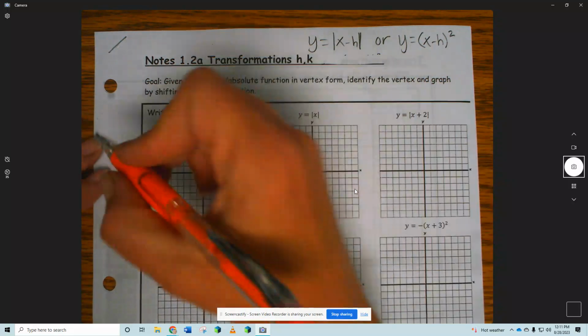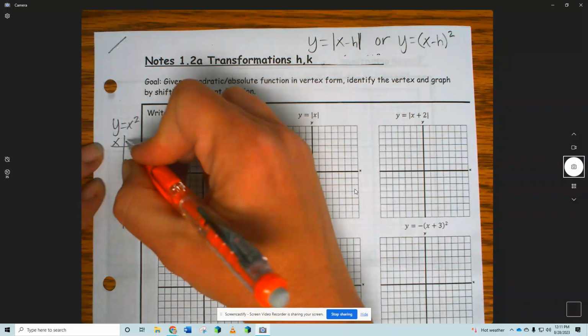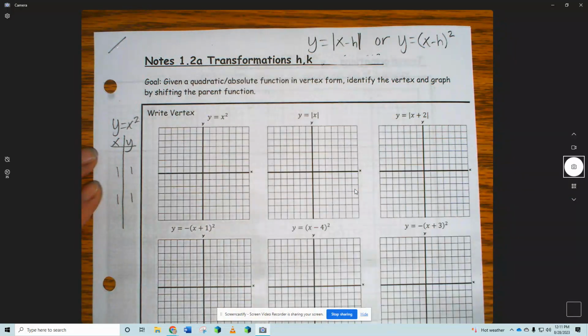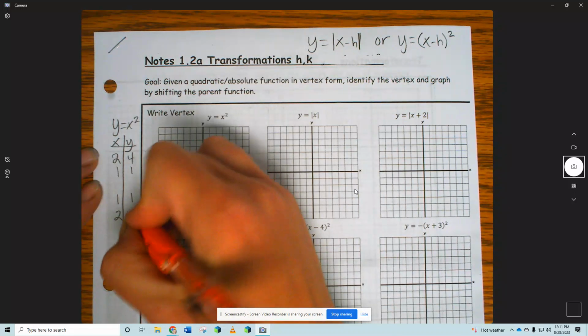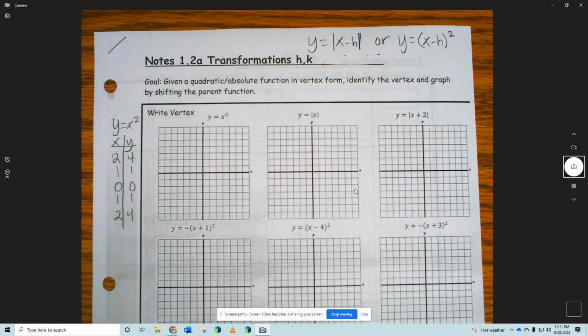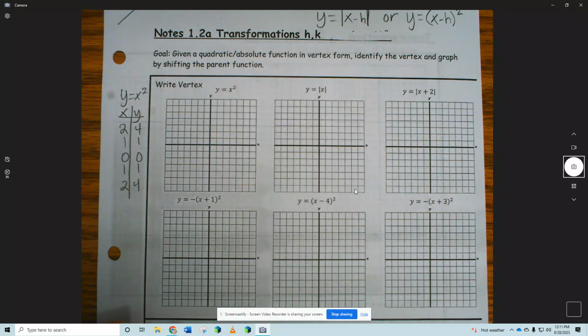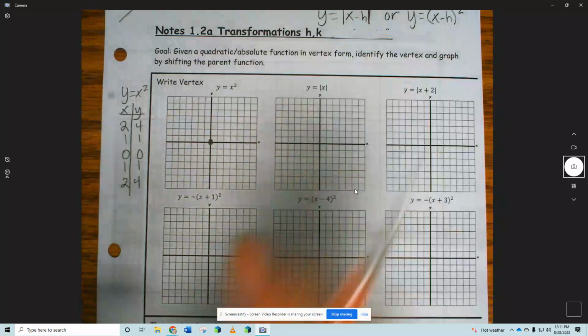All right. Table of values for Y equals X squared, in case you forgot. Over 1, up 1. Over 2, up 4, because 2 squared is 4. 0, 0 is going to be my center. Okay, so I plot that, obviously, 0, 0.